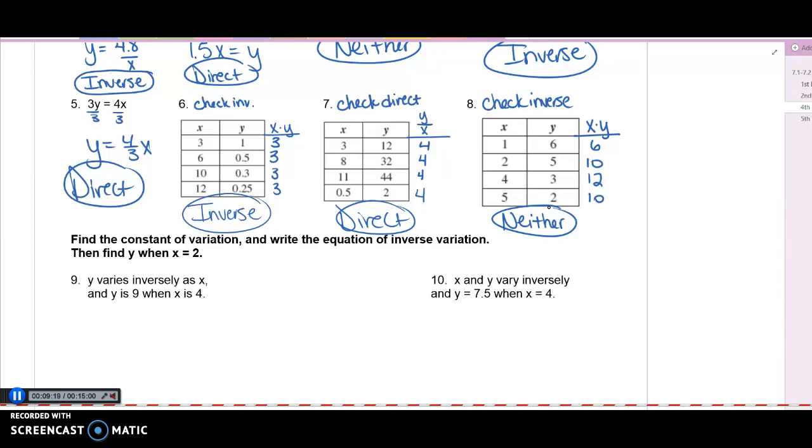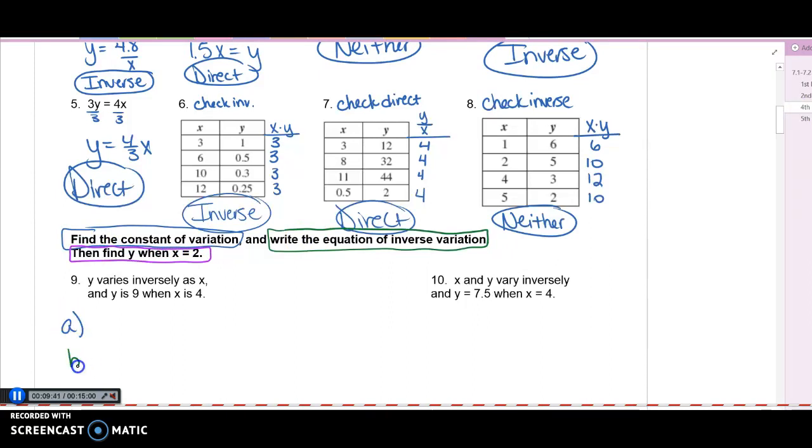It says, find the constant of variation. Then it says, write the equation of inverse variation. Then it says, find y when x equals 2. So this is a part A, part B, part C problem.